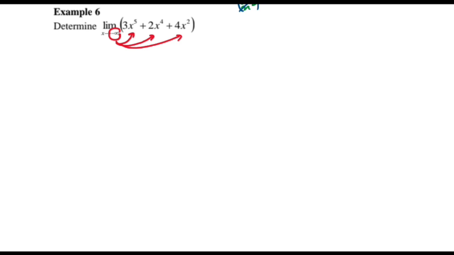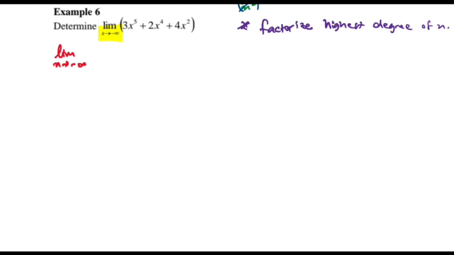So for this type of question, since there is no denominator, it is just equal to 1, then we cannot divide with the highest power of the denominator. But what we can do is factorize. We can factorize the highest degree of x and put it outside. The highest degree of x for this function is x power 5. Put it outside. And the rest will be in the brackets.